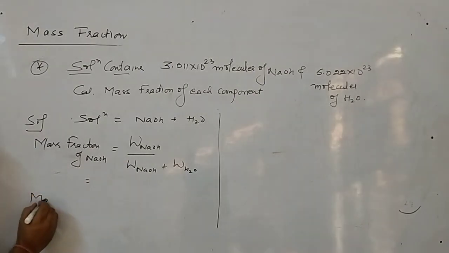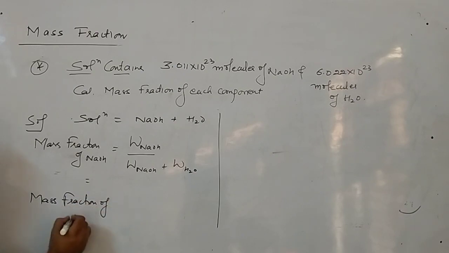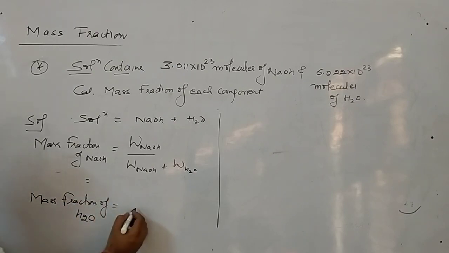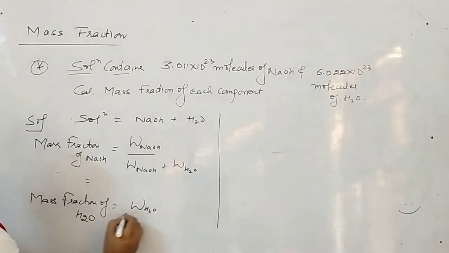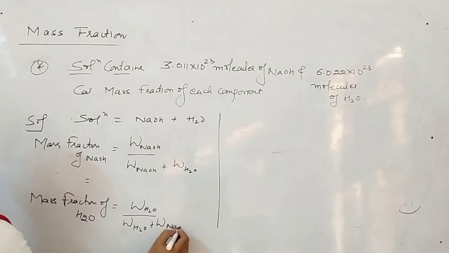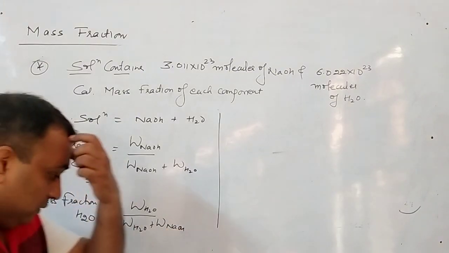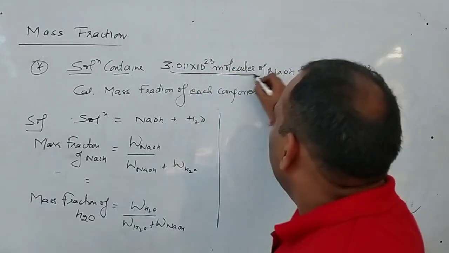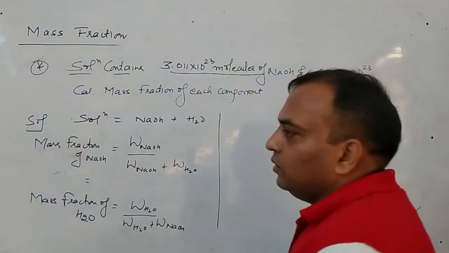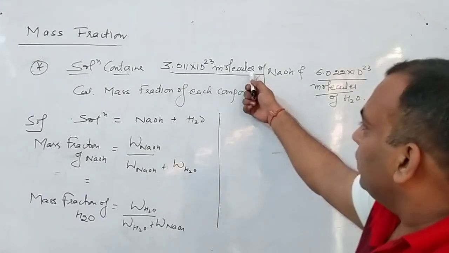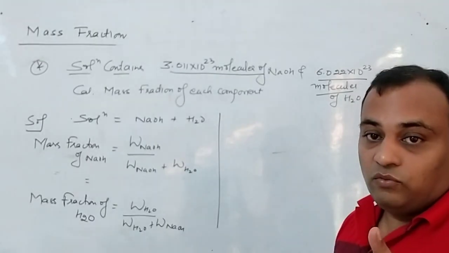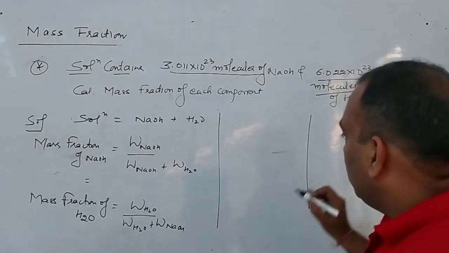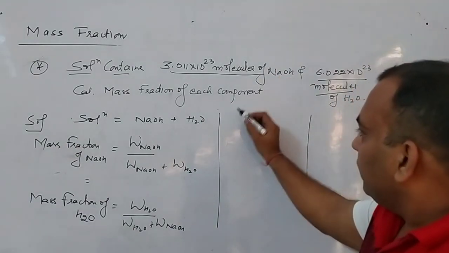Similarly, if I want to calculate the mass fraction of water, then I need mass of water upon mass of water plus mass of NaOH. But see the question. I think in the question mass is not given. What is given? Molecules. So we have to convert the molecules into mass first. What are given?